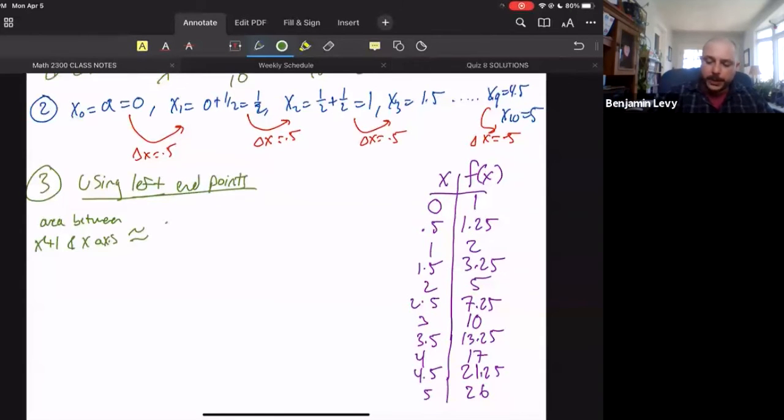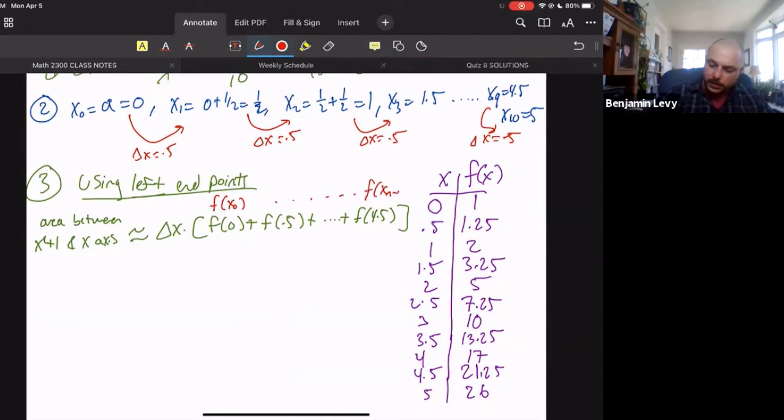That formula was delta x times f of 0, 0.5, all the way up to the second to last one. This is the first one. This is the second to last one.